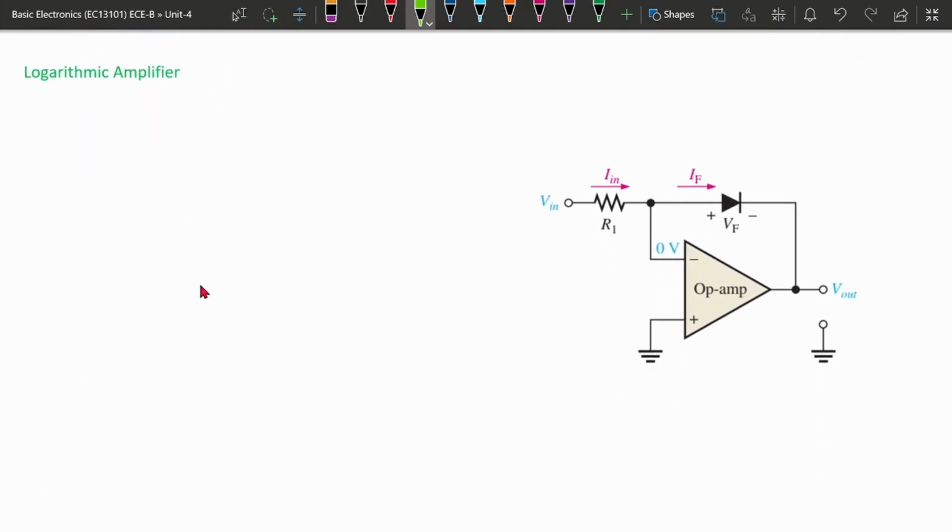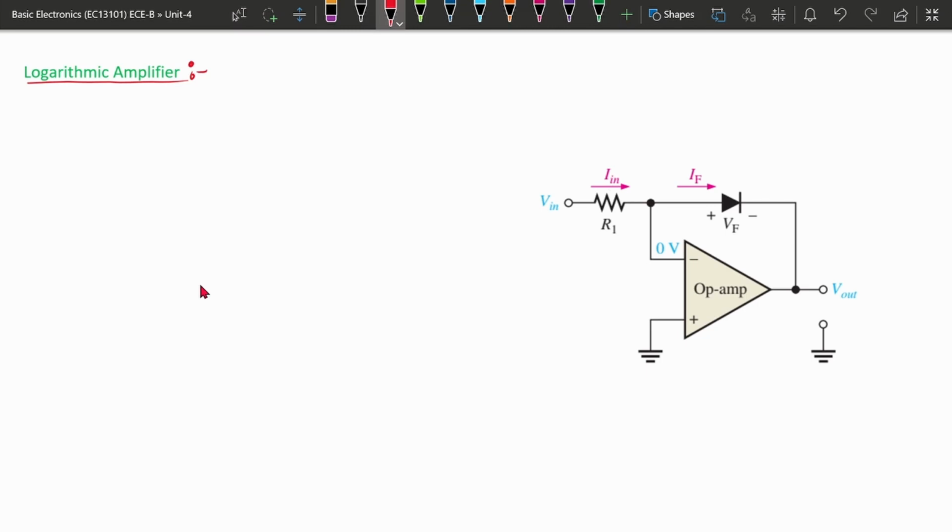The next part we will see is logarithmic amplifiers. Logarithmic amplifiers can be implemented using an operational amplifier with the help of a diode.